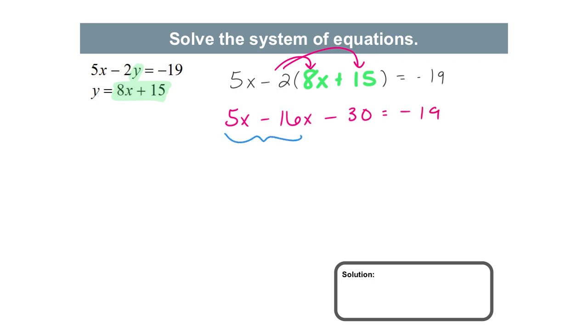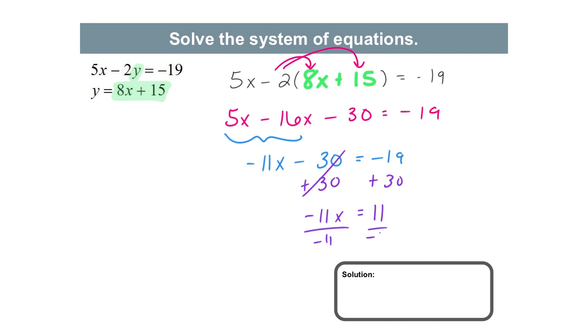Combine like terms. And then solve the two-step equation. So we get x equals negative 1.